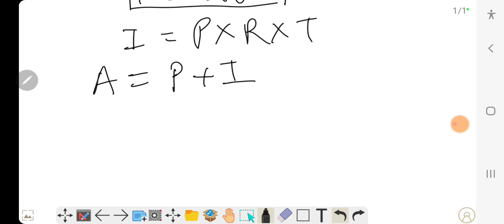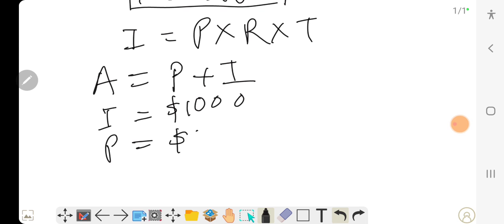So in our example above, we earned an interest of $1,000, and the principal we had invested is $5,000.